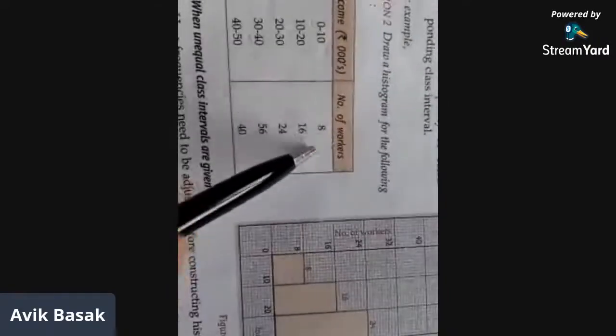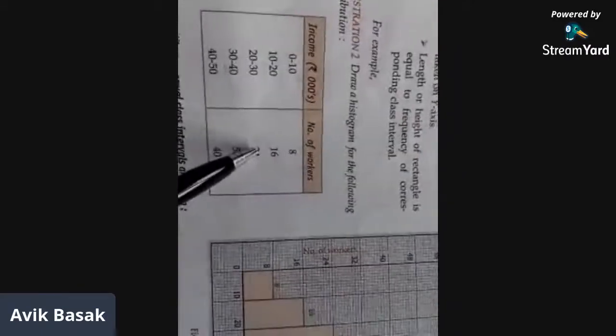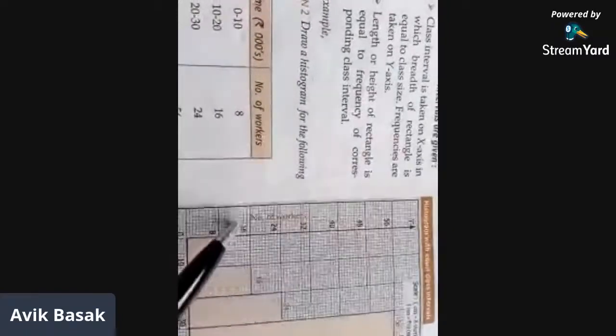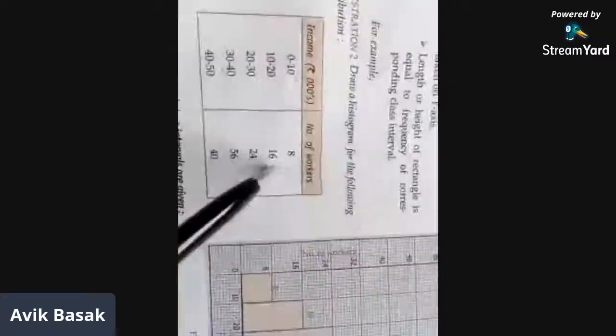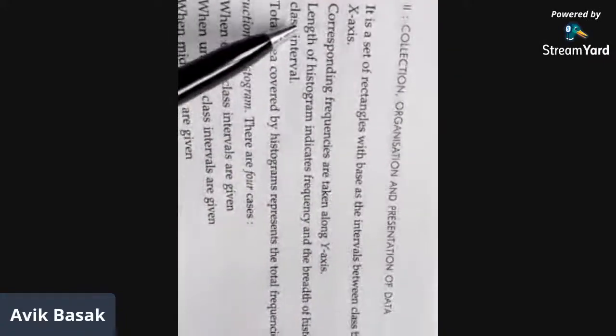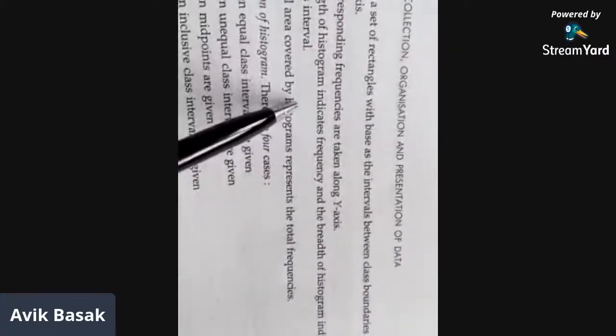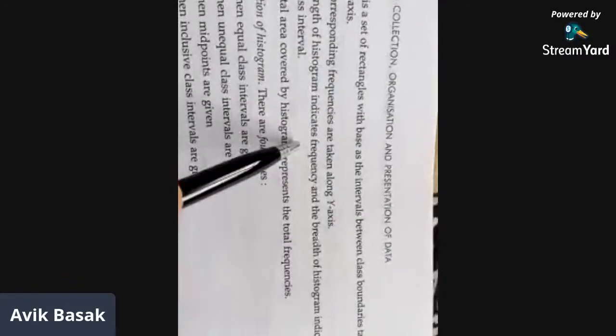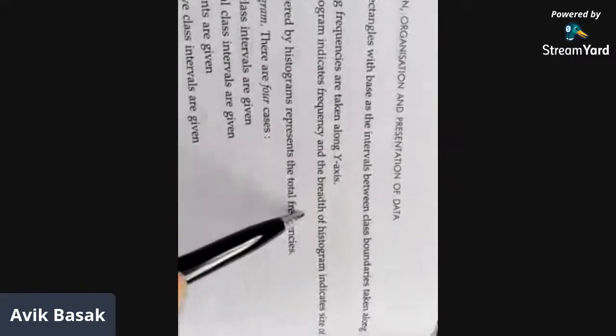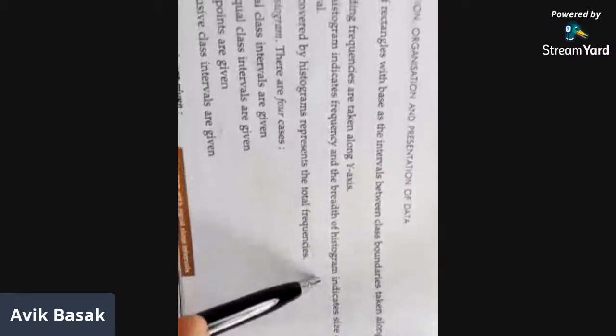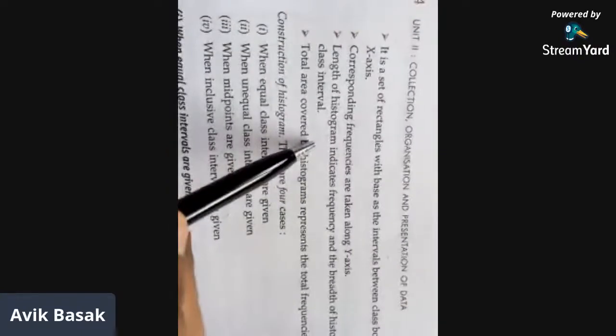And this number of workers which is given here is the frequency. You have to measure it on the y-axis. These are all the frequencies. Then the length of the histogram indicates frequency and the breadth of the histogram indicates the size of the class interval.